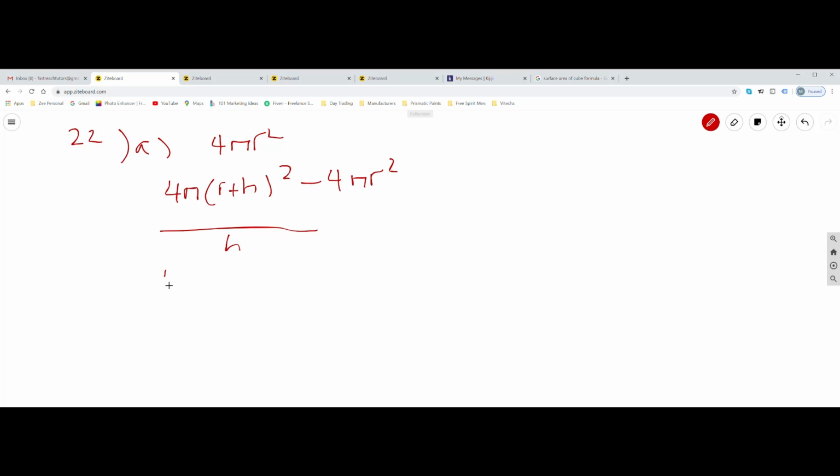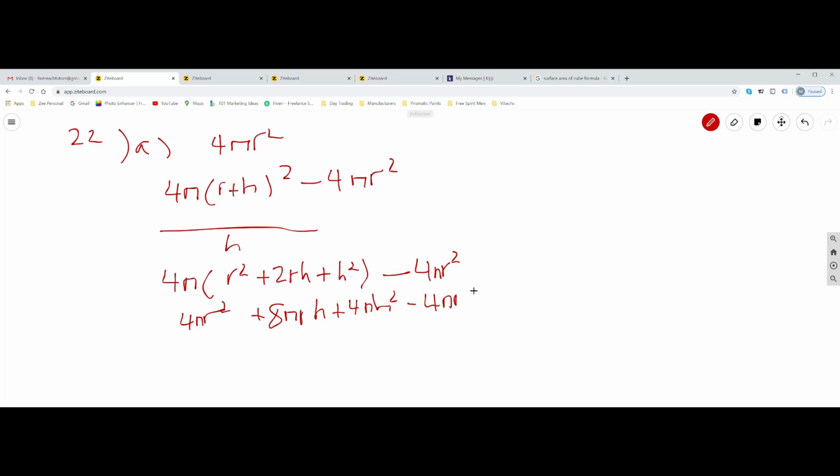You get 4 pi r squared plus 2rh plus h squared minus 4 pi r squared, which is 4 pi r squared plus 8 pi rh plus 4 pi h squared minus 4 pi r squared over h.